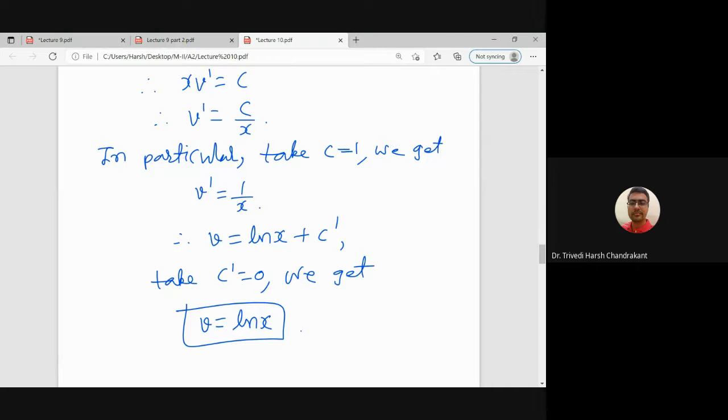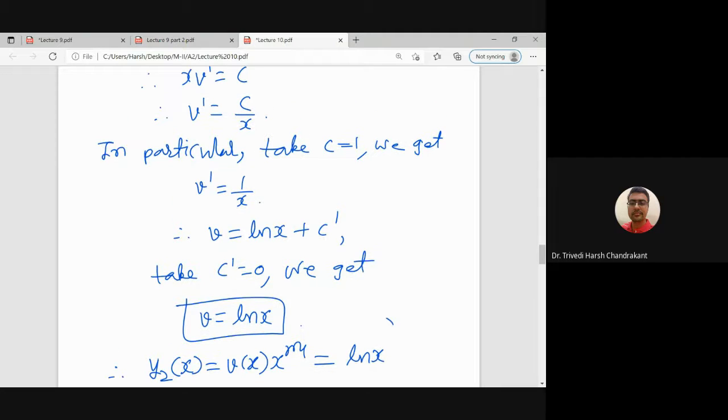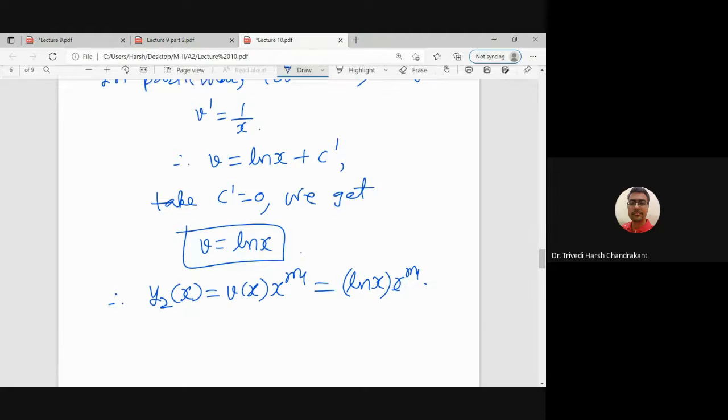So that will give us v is equal to log x. So substituting in the equation, y2 is equal to v x into x power m1, that is log x times x power m1.